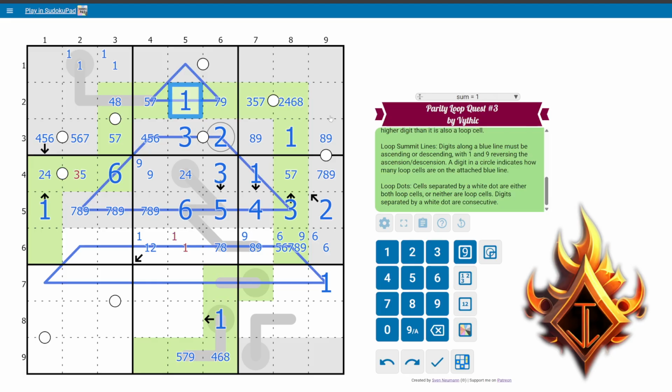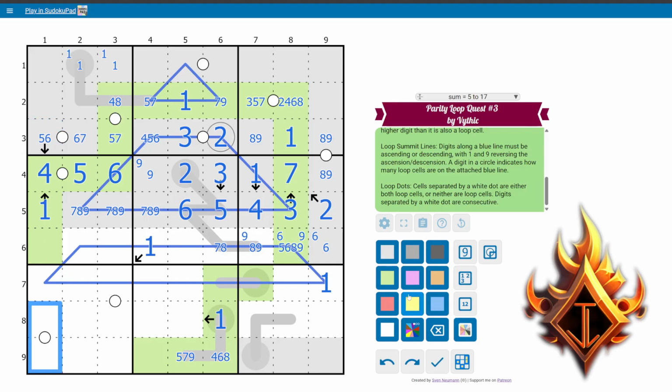So that is 1. And that is 1. This became 5. So that became 4. And that will also. Another thing this is going to do is tell us that that goes on the loop.